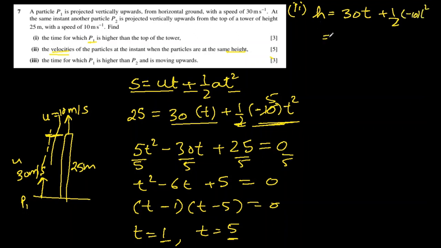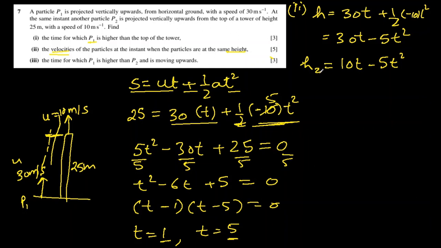Okay, so it becomes 30t minus 5t square. That's the height of P1. But P2 has a lead of 25 meters. So let's call its height above 25 meters H2, then we'll add 25 meters to it. So H2 will be 10t minus 5t square, right?